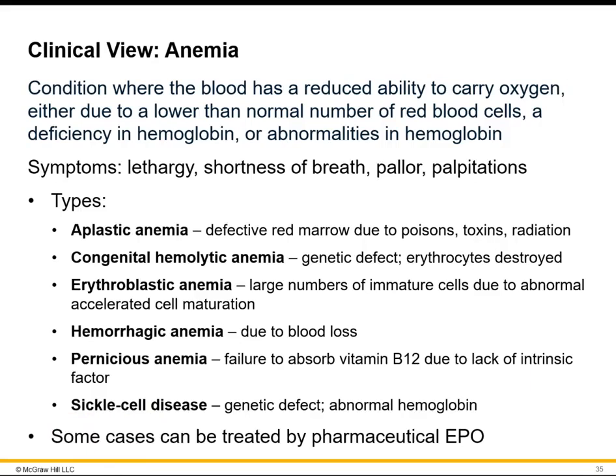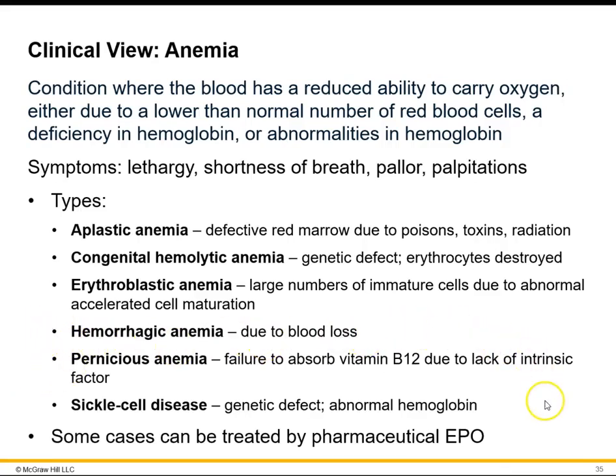Treatment of anemia is just going to depend on the underlying cause of the anemia. For example, if you have iron deficiency anemia, treatment might include iron infusions. If you have anemia due to acute blood loss, they're probably going to give you blood to replace that, okay, and to prevent hemorrhagic anemia.